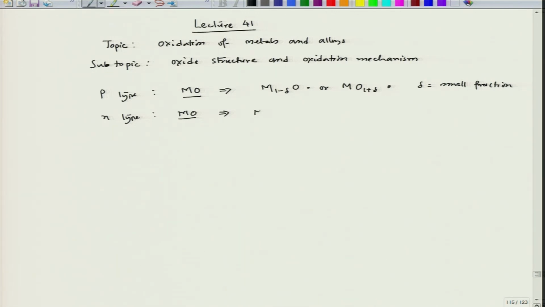Then it could be either M1 plus delta O or MO1 minus delta. These two situations can be possible, where again delta is nothing but the small fraction, which is a measure of non-stoichiometry.